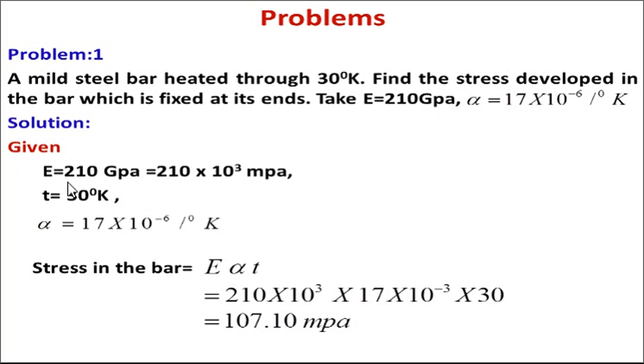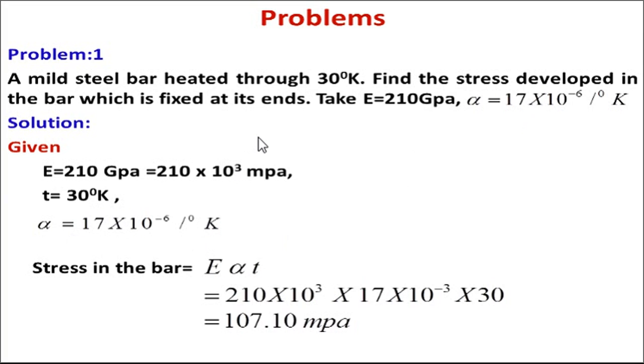Okay. So given is E is 210 GPa. 210 GPa means what? 210 into 10 to power 3 MPa. Okay. T, you keep this value in degree Kelvin only. Okay. 30 degree Kelvin, or if it is given as 30 degree Celsius, you keep it in 30 degree Celsius itself. And alpha is 17 into 10 to power minus 6.